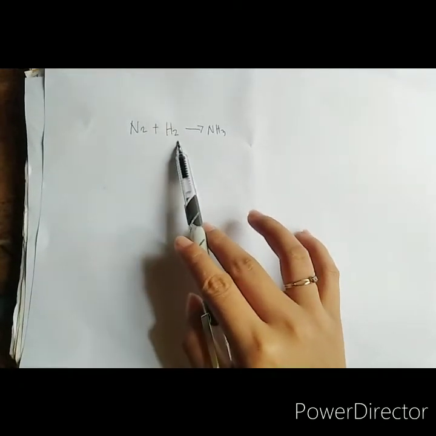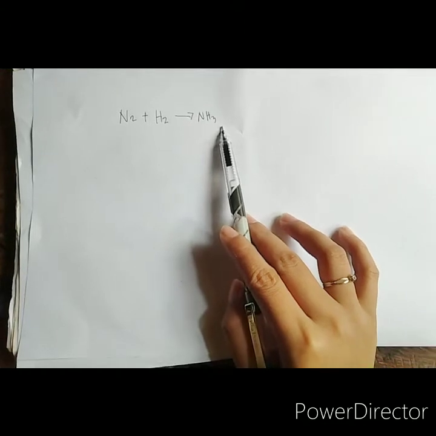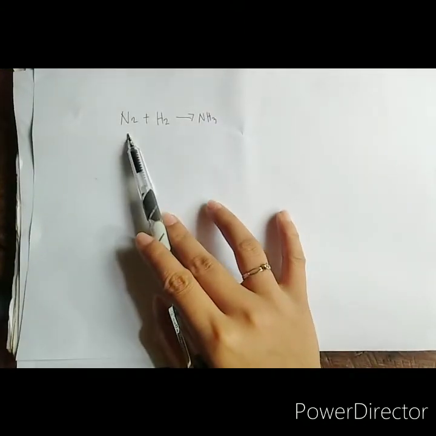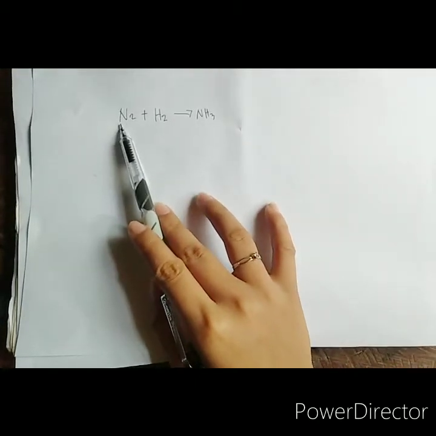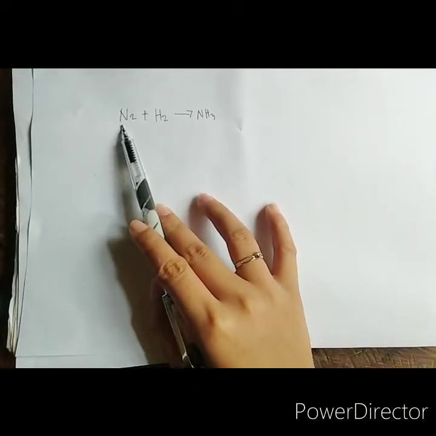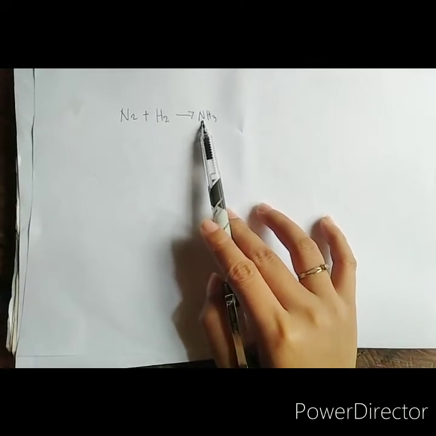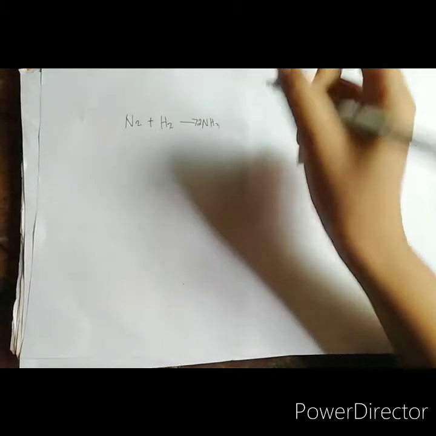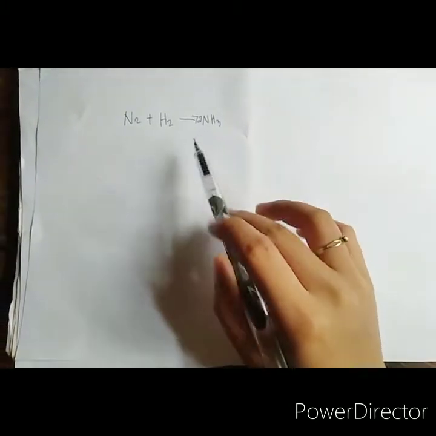The N2 plus H2 equals NH3 is not balanced. There are two nitrogens on the left plus one on the right. So we put a 2 in front of ammonia. We're going to put 2 here to balance the nitrogens.